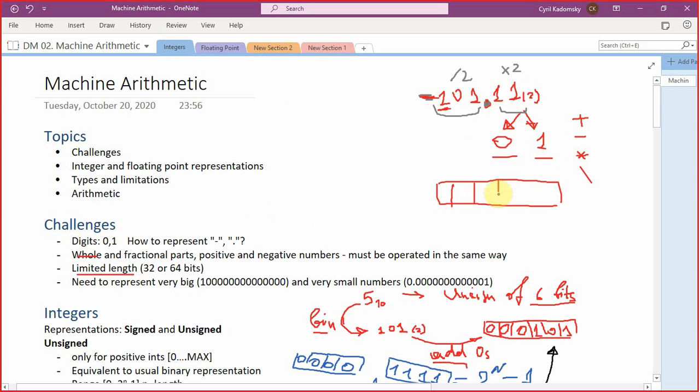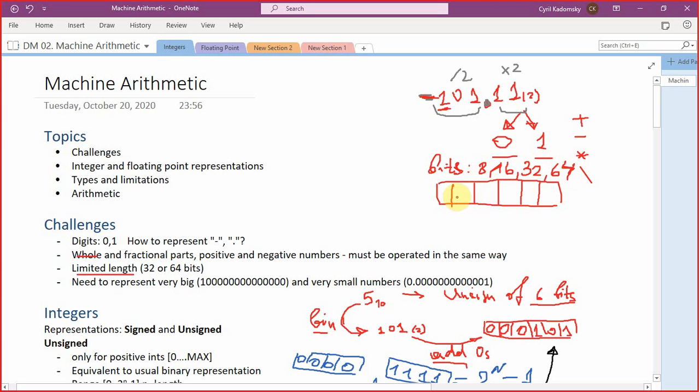Usually for a number we have just a fixed number of bits, either 8 or 16 or 32 or 64. Those are the options available in modern computers, and all numbers must be stored in this length of bits.